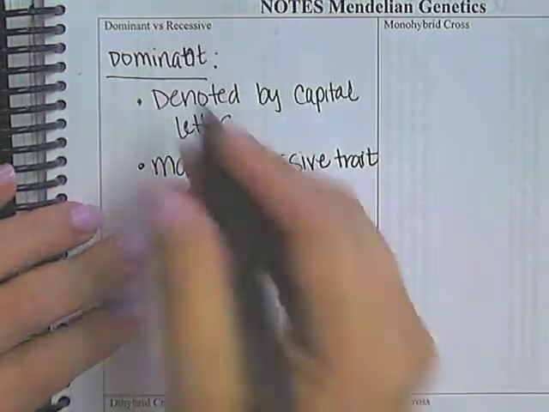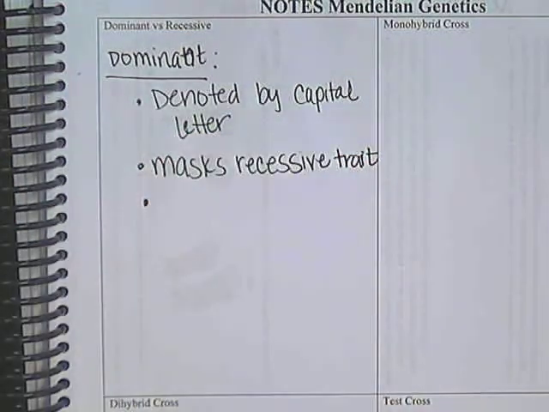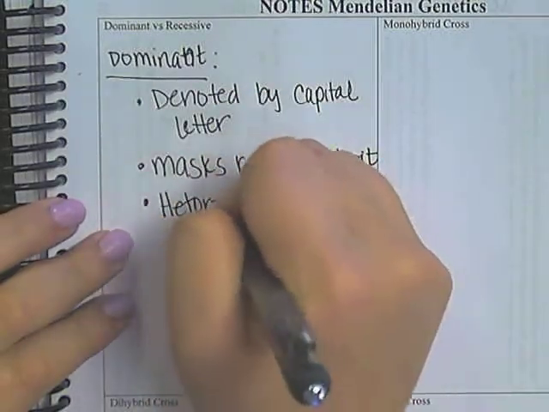And in the case of dominant, the phenotype, you can't tell the difference when an organism is heterozygous versus homozygous dominant.